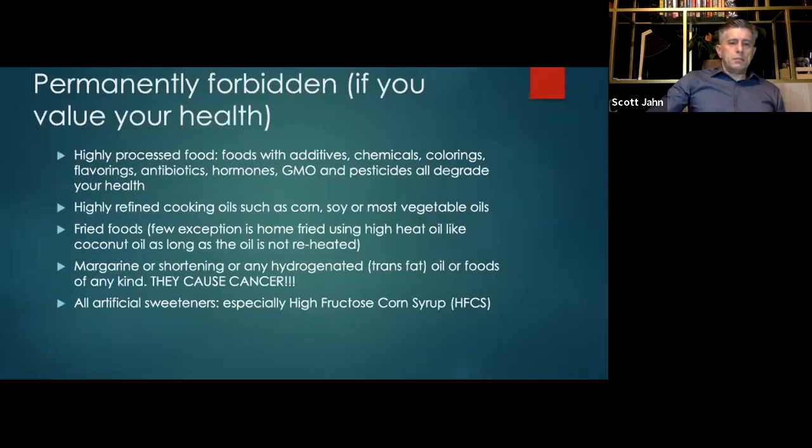Also avoid foods with additives, chemicals, and hormones, and genetically modified foods. There are two types of genetically modified foods: one that's resistant to being sprayed with some kind of pesticide, and one that makes its own pesticide, called BT. Either one has been shown to increase things like allergies and leaky gut.